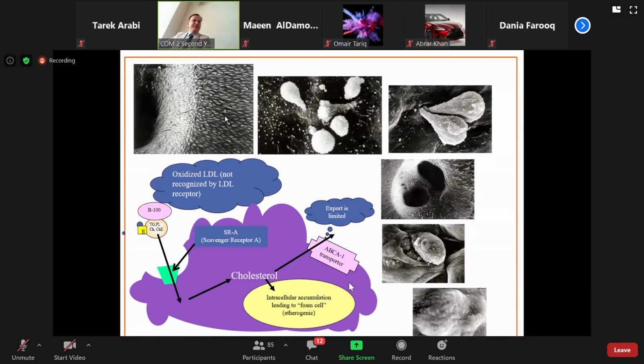Now, he started feeding these monkeys a high-fat diet. Look at the monocytes, basically taking that cholesterol and the fat into them, and now we can see them penetrating the endothelial cells. You can see some beginning of the plaque formation.